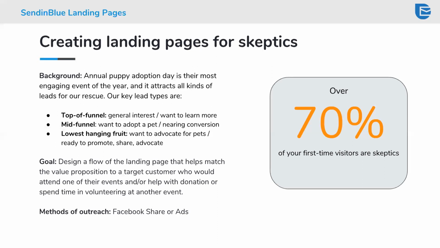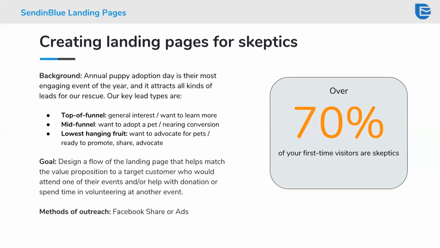And for this particular scenario, as Erin proposed, you have top of the funnel, mid funnel, and low hanging fruits. The top are people who have just general interest, not really dedicated to coming to this event, and I would consider them your skeptics. Then you have mid-level, who are nearing conversion, meaning they've been thinking about adopting a new pet, and they just haven't had a chance to do so yet, or they're waiting for the right opportunity.